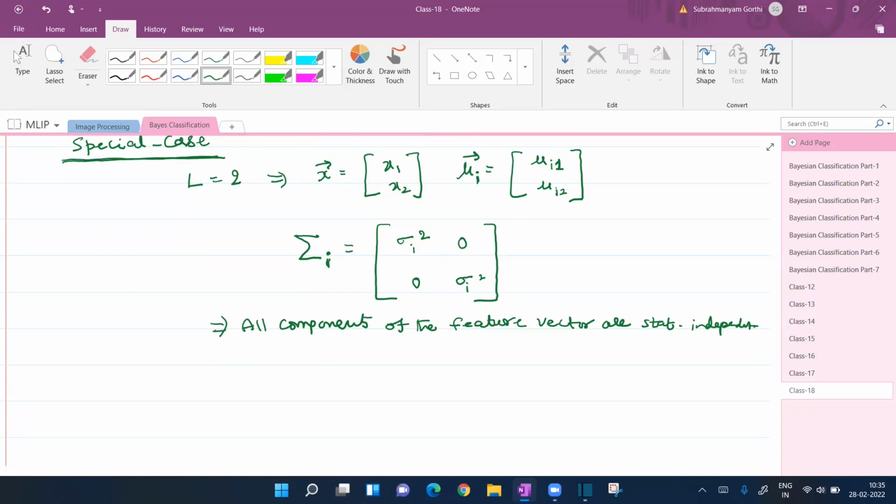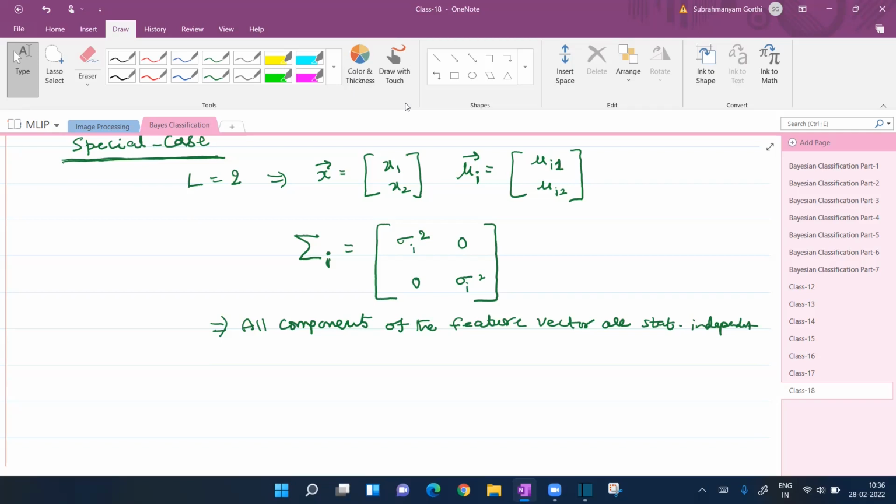So what kind of isocurves will you get for these kinds of distributions? Circles. Correct, simple circles is what you are going to get there. Suppose my diagonal elements are different, sigma i1 square and sigma i2 square, then what would be the shape of my isocurves?